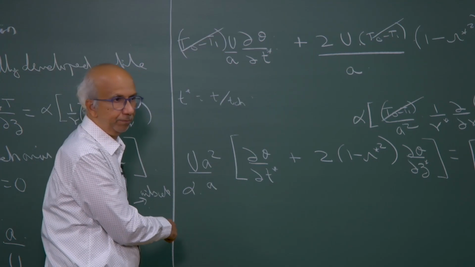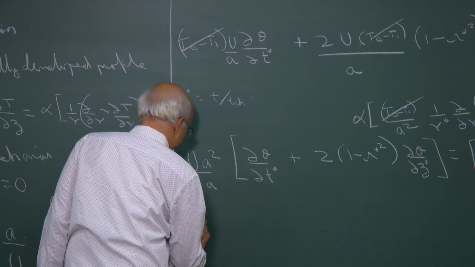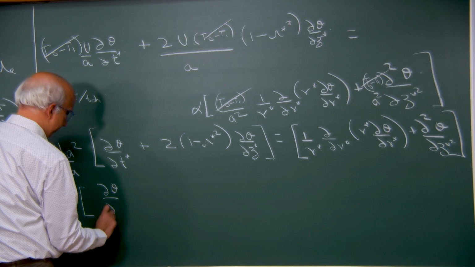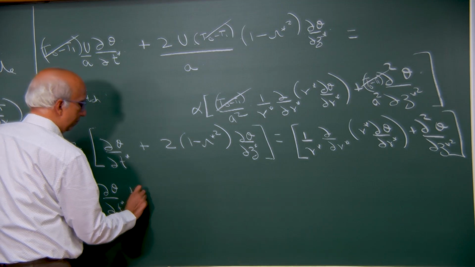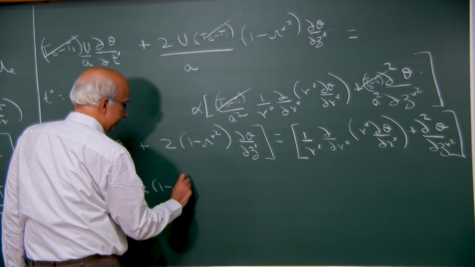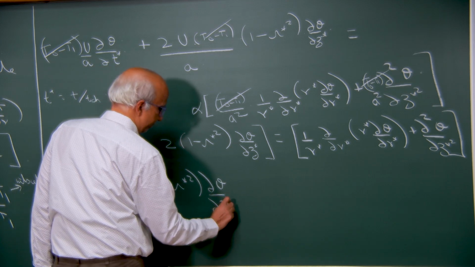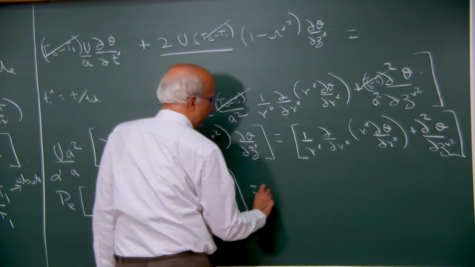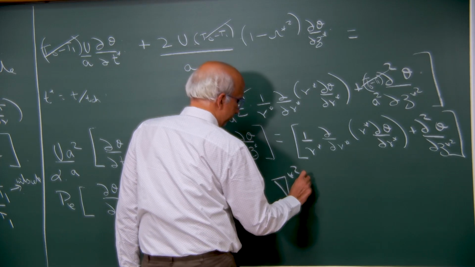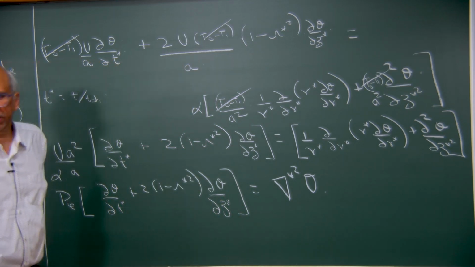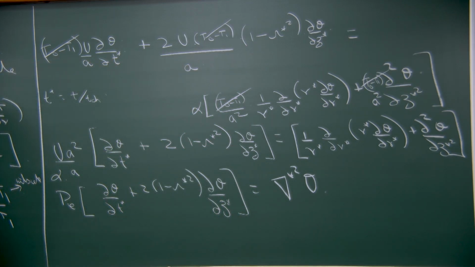for heat. So, this is Peclet number multiplied by d theta by d t star plus 2 times 1 minus r star squared d theta by d z star equals del star squared theta. Okay, del star means everything is in terms of dimensionless.